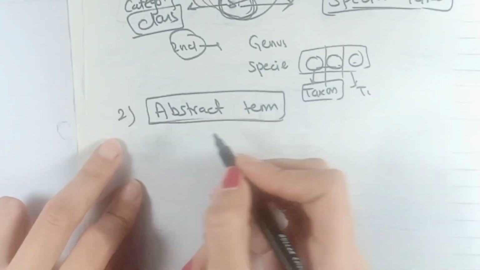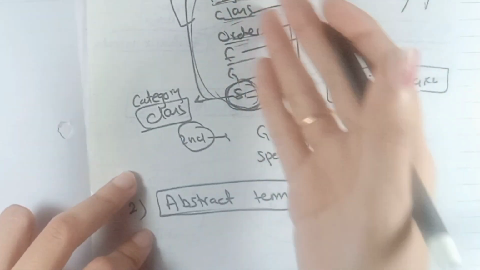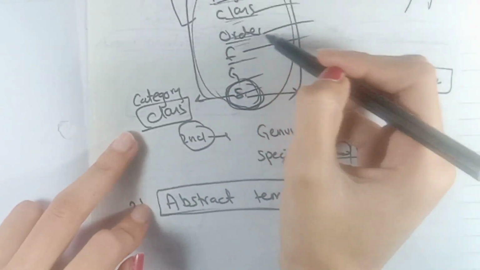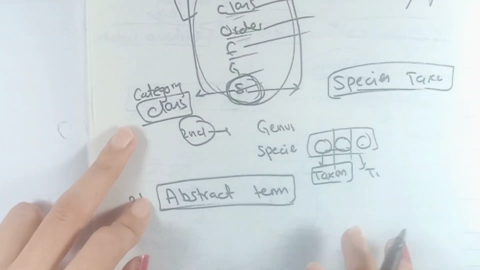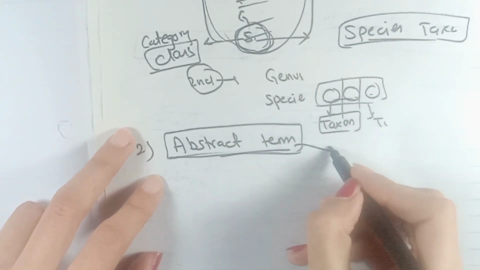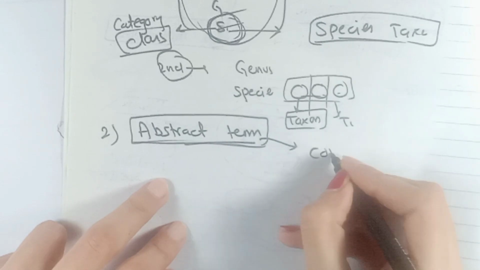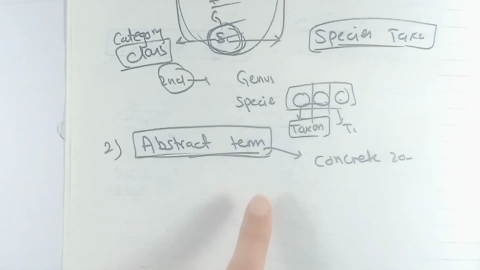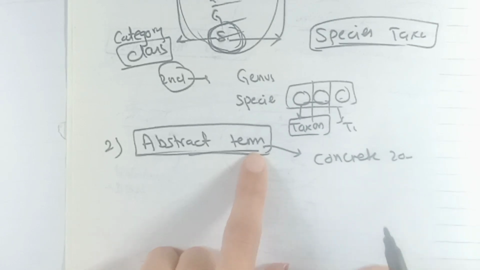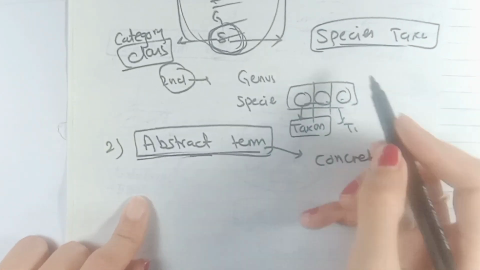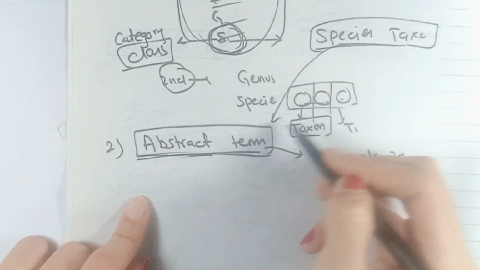And category, obviously, is the name of the class. Kingdom is the name of a class. Phylum, it means these are the classes. These classes are the categories. And in these abstract terms are the concrete zoological units or concrete objects, which means in this category, in this class, are present the species taxa or the taxon.